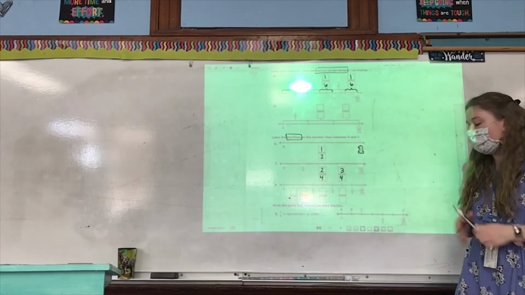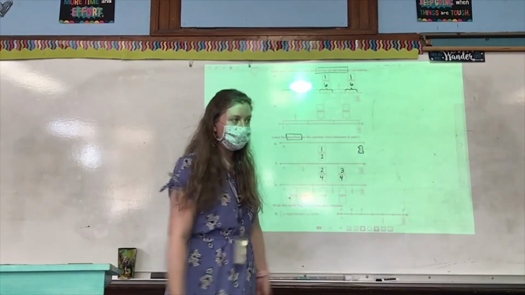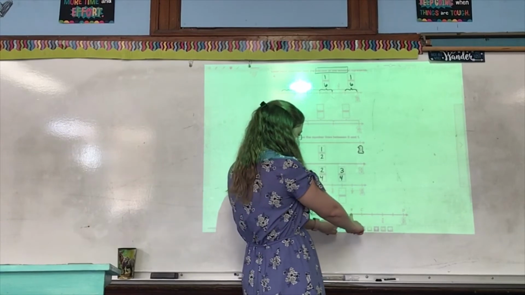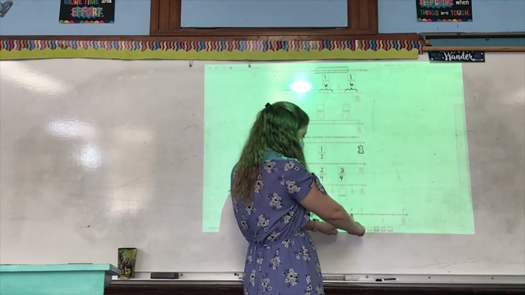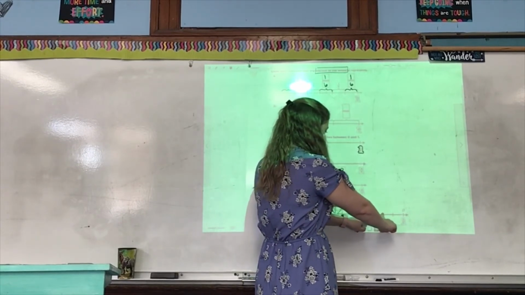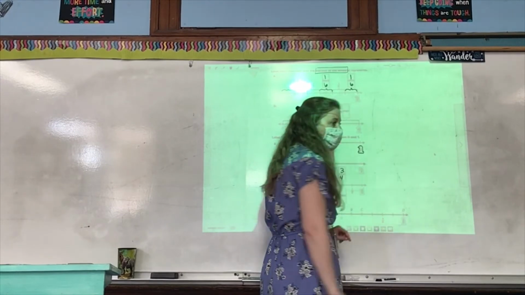Now, to figure out the rest of them, well, first we have to figure out our denominator, right? Which means we're going to move our fingers. We're going to count each piece. So between the first and second, we have 1, 1, 1, 1, 1, 1.